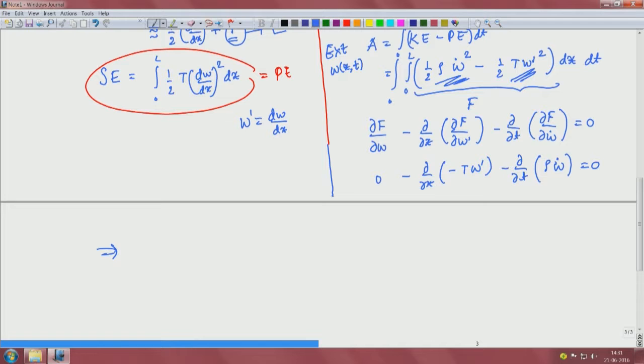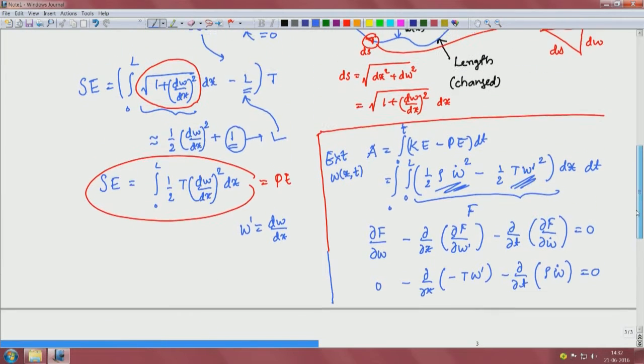What we get is minus, or minus plus, T w double prime, and over here, I think the sign, we forgot about one thing.